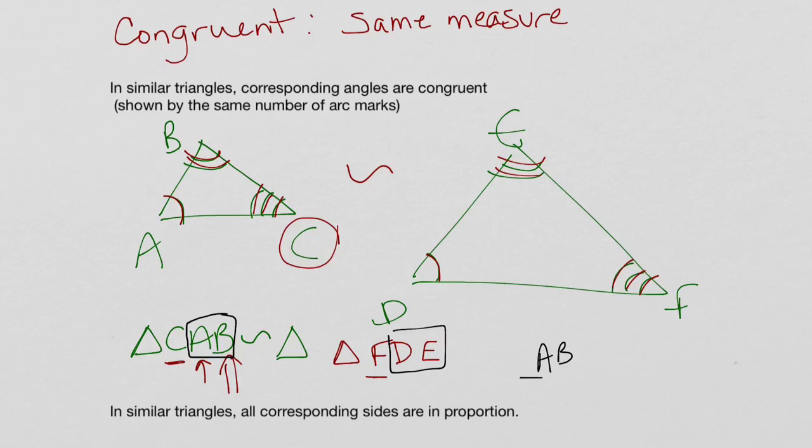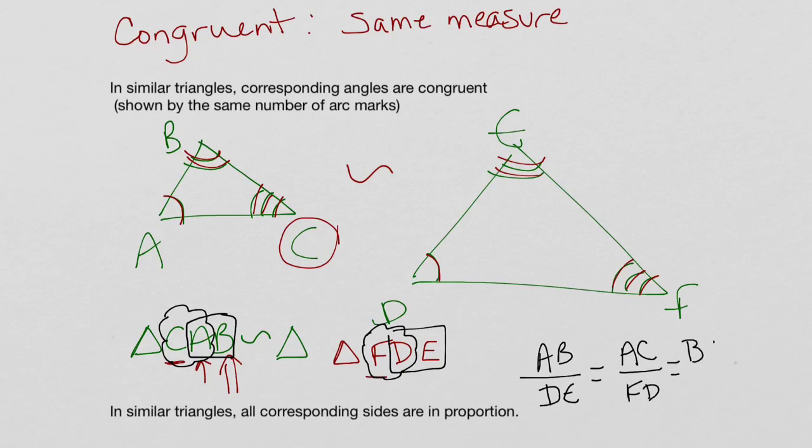So AB over DE is in the same proportion as, let's say, AC. Now let's figure out which side matches with AC. AC are the first two letters, so they have to match with the first two letters here, FD. AC over FD, which correspond to BC over EF.